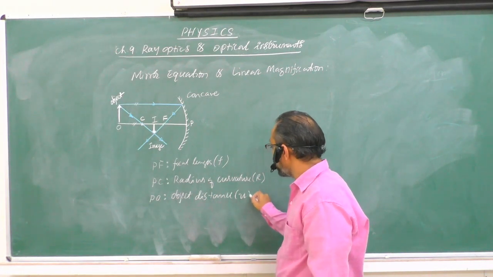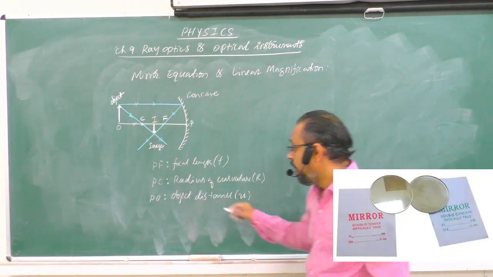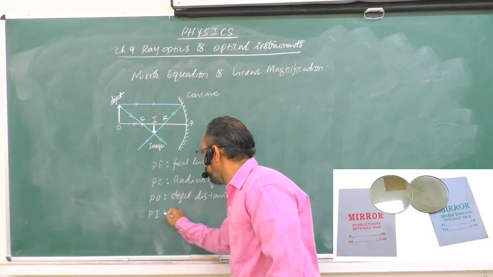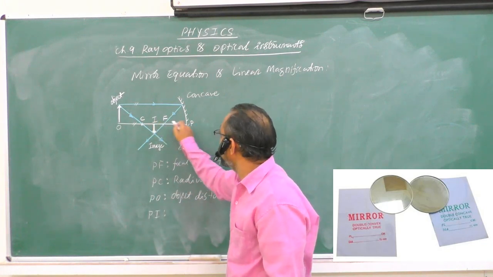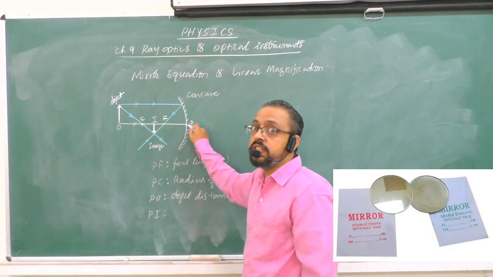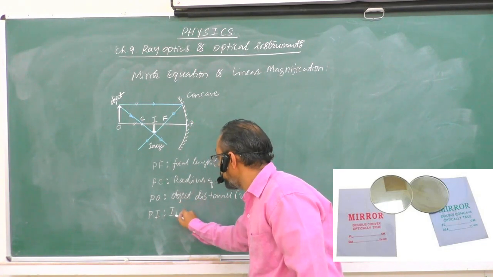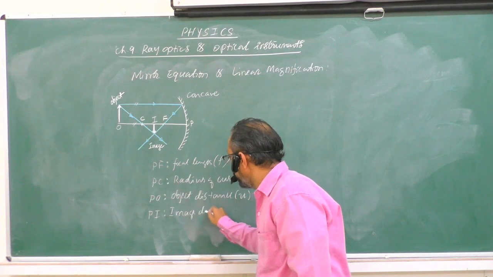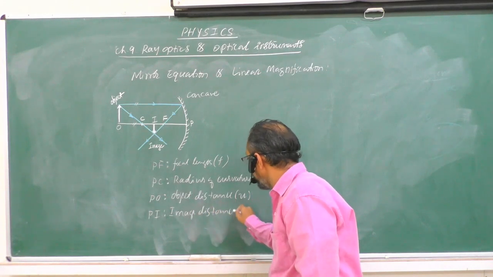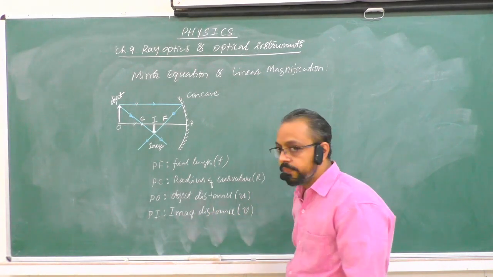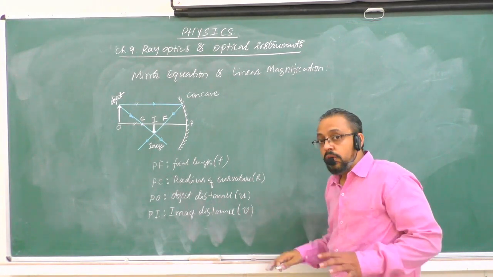Symbolically, most of the time we use the symbol U. And PI is this one, the P to I distance. Be careful, we always measure the distance from the pole. So PI is the image distance, and that image distance is V.